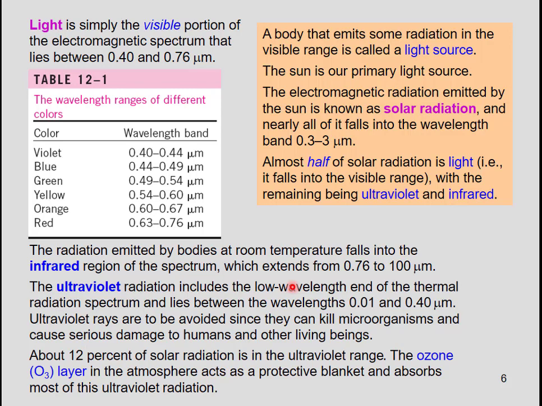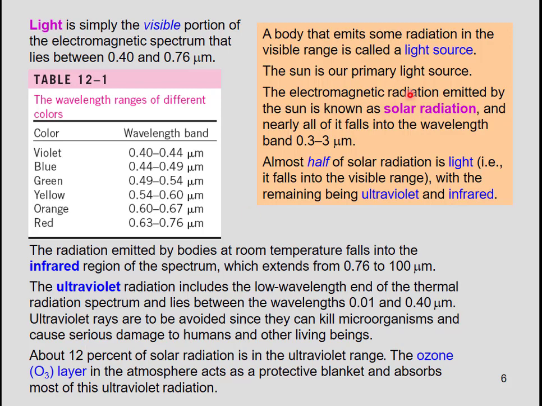As you can see here, about 12% of solar radiation is in this ultraviolet range. So it may be very dangerous for our body, but the ozone or O3 layer in the atmosphere can act as a protective blanket and absorb this ultraviolet radiation, and it protects us against the ultraviolet radiation from the sun.